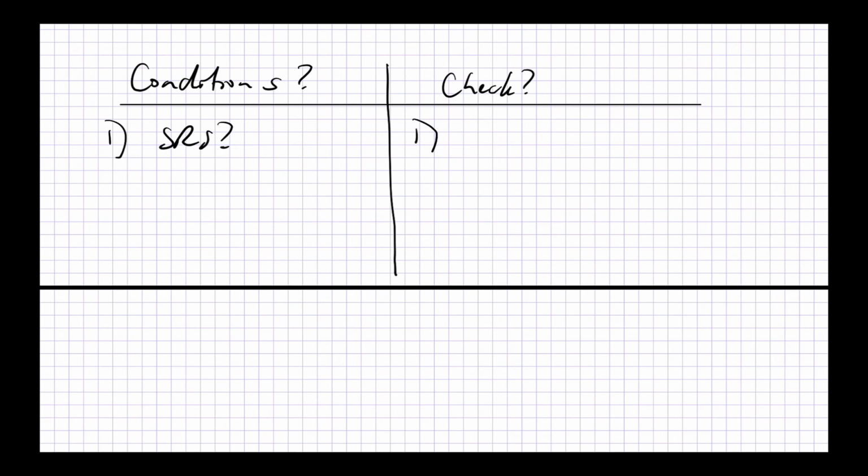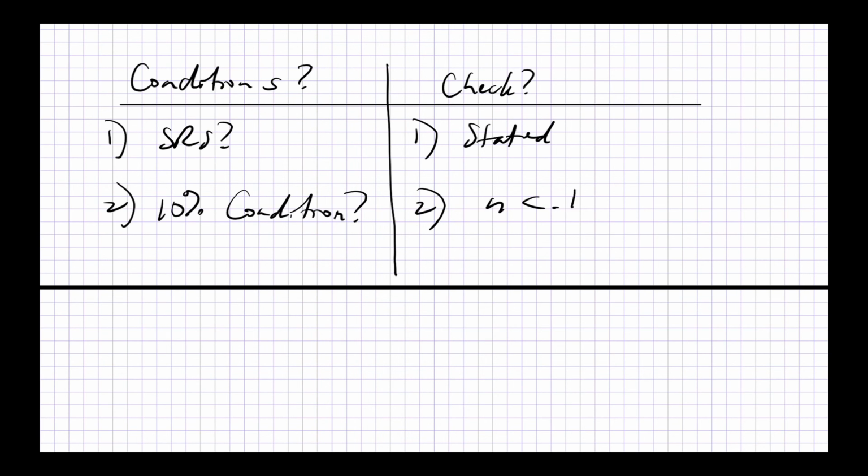SRS, stated. 10%. So n is less than 10% of big N. Little n is 12. Was it 12 or was it 10? 12. Okay. So what is big N? All hours of music played. Yeah, all hours. You can just put all hours.